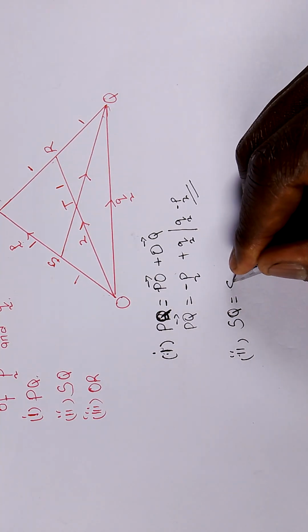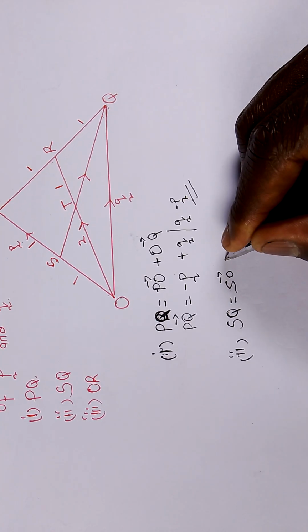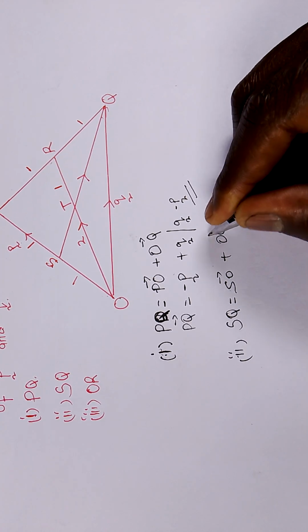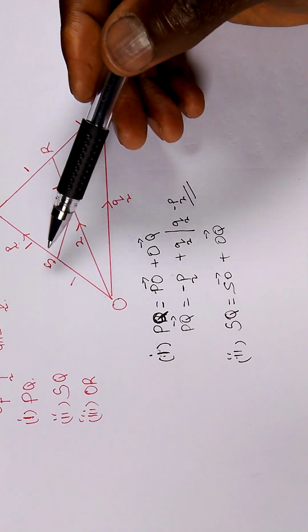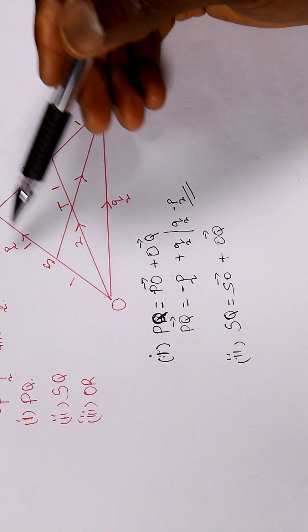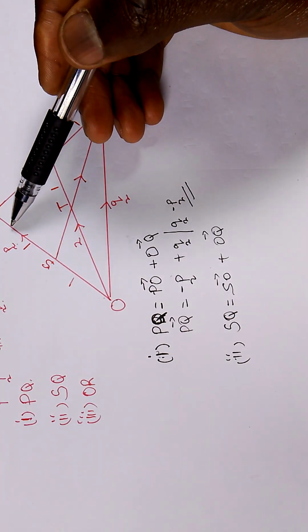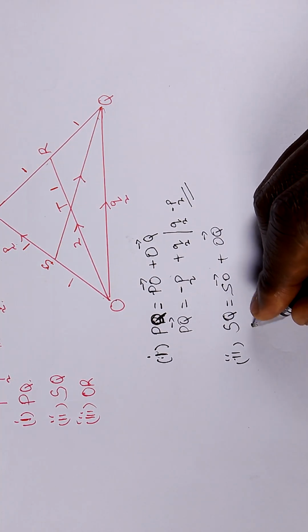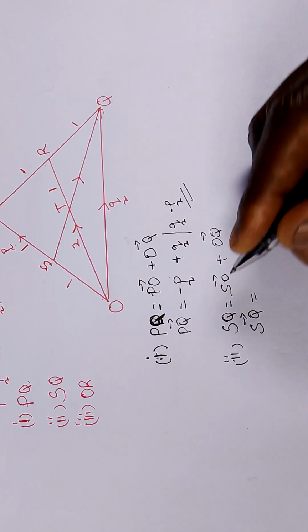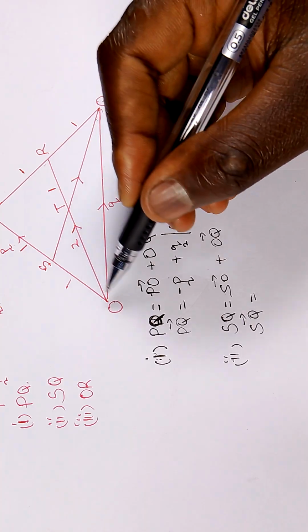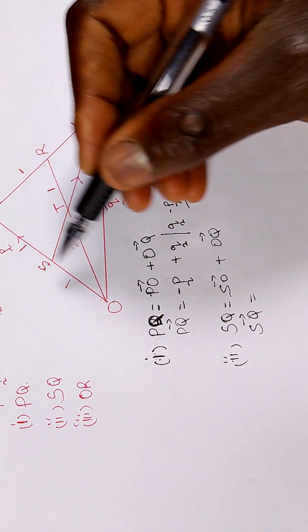So it will be SO plus OQ. Observing from our triangle, we can see that S divides OP in the ratio of 1:1. Therefore, for us to determine SQ, we will conclude that SO is equal to a half of PO.